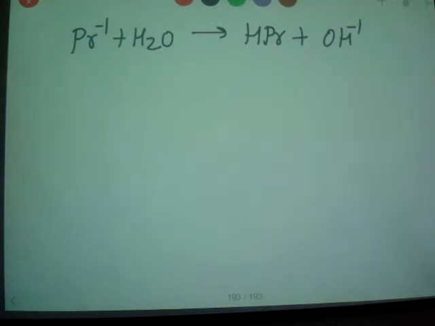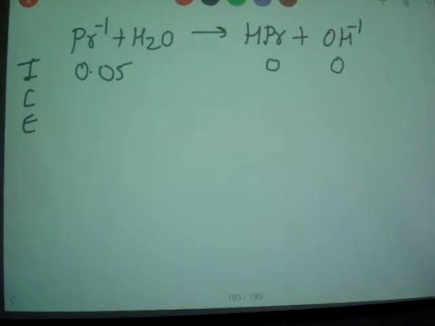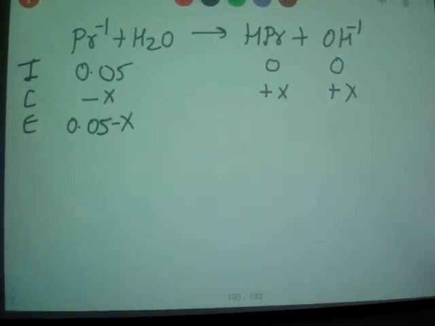So when you develop the ICE table, the initial concentration of Pr minus is 0.05 and HPr and OH minus are 0 and 0. Change is minus x, plus x, plus x. Now 0.05 minus x, plus x and plus x, so that is at equilibrium.